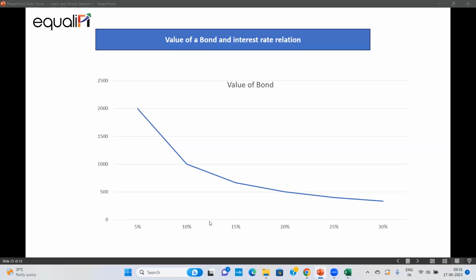Now, what could be the possible reason? Just do a bit of brainstorming. What could be the possible reason for this inverse relationship? Yes, correct. So if I get a better interest rate in the market, then obviously I will not get inclined towards the bond which is offering me a lower interest rate.